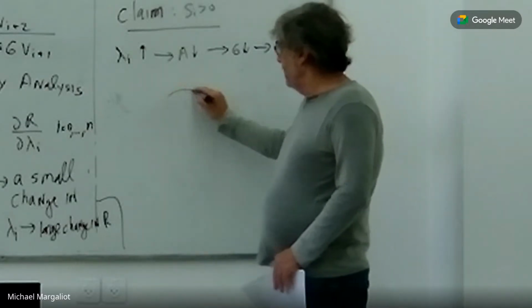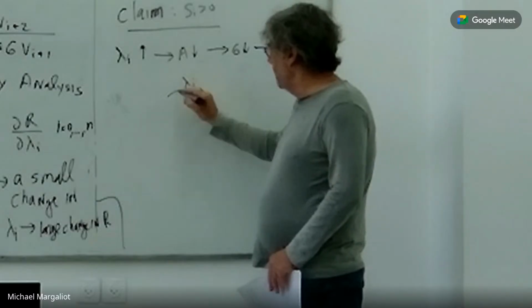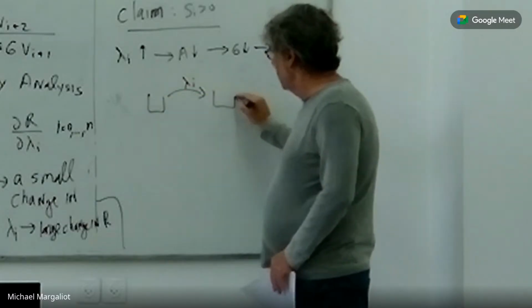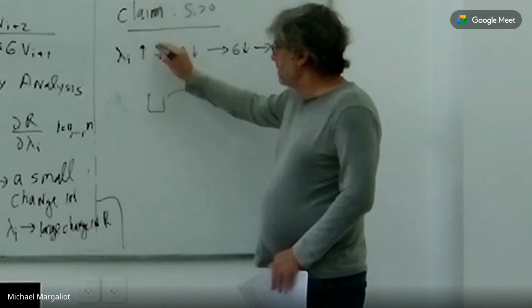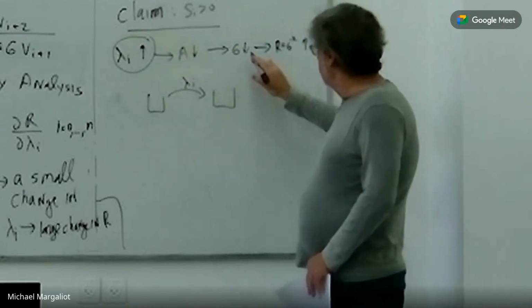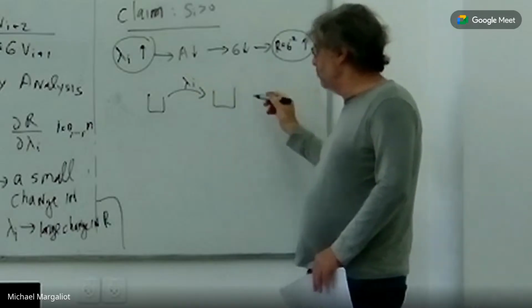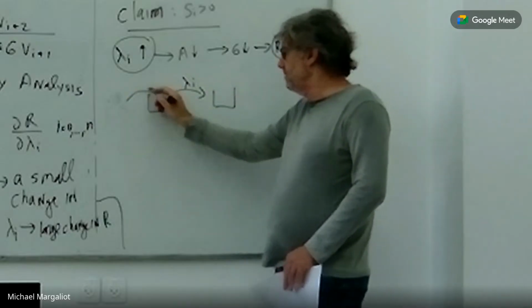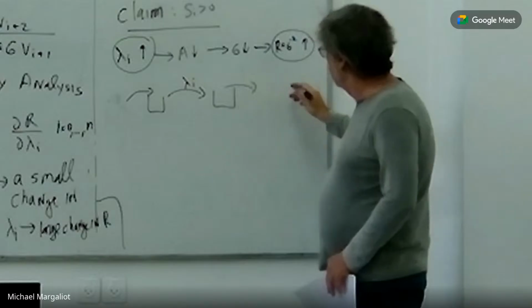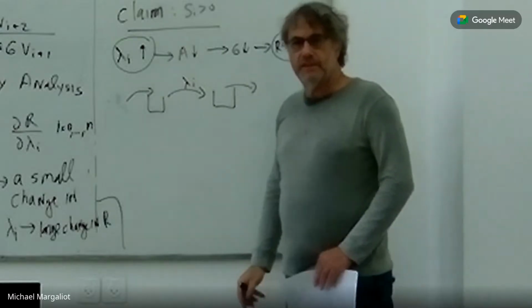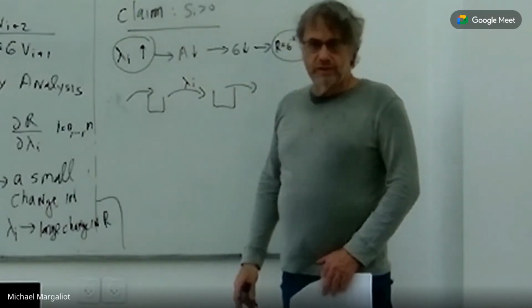If I take my RFM, and there is some rate between two sites, and I increase this rate, then the flow goes more easily, it's easier for the ribosomes to flow through, and then the steady state production rate is expected to increase.